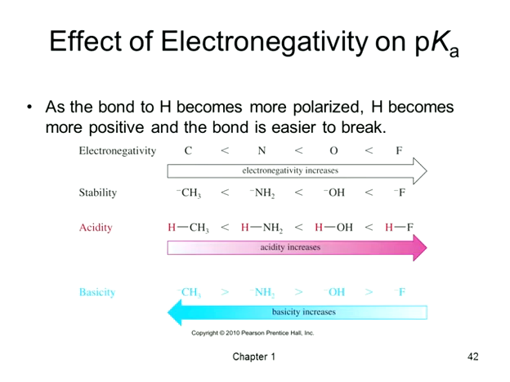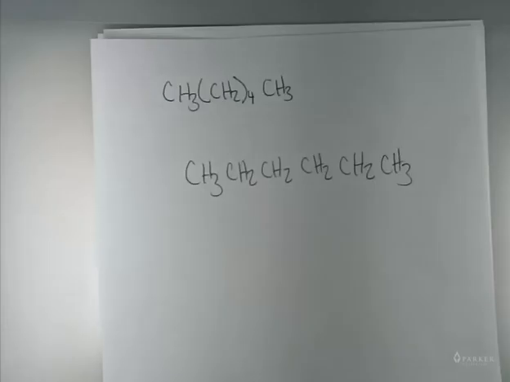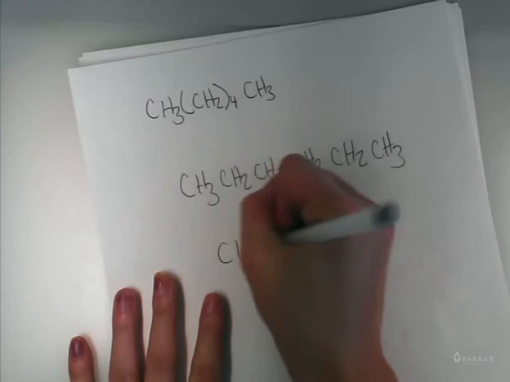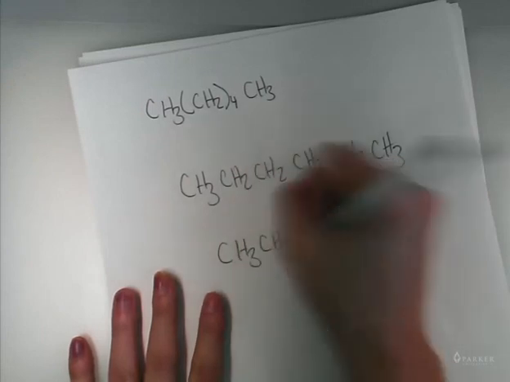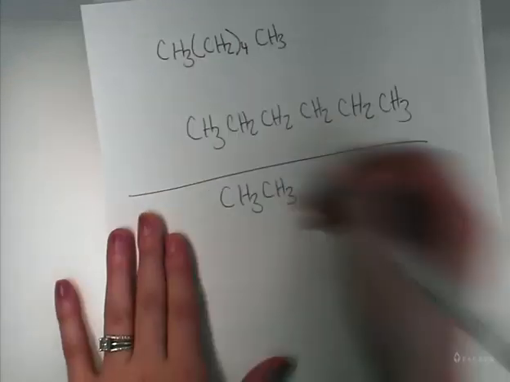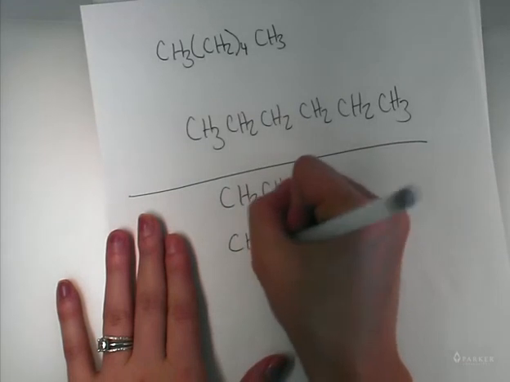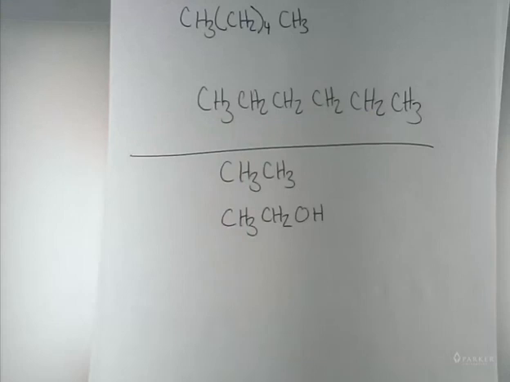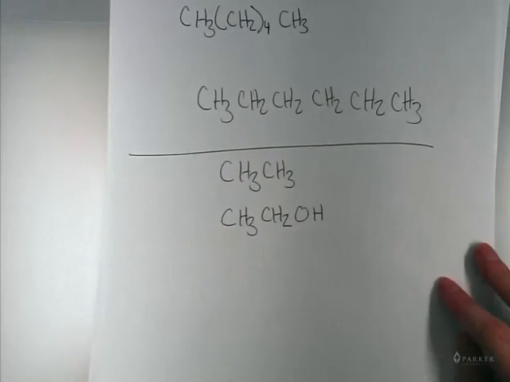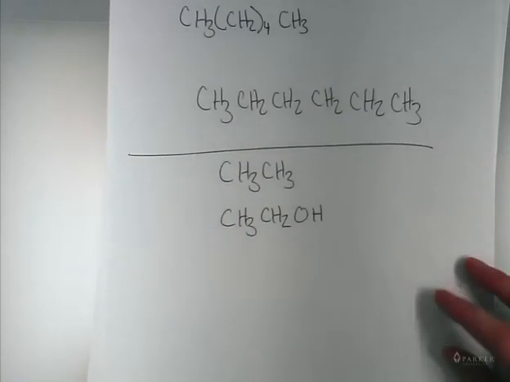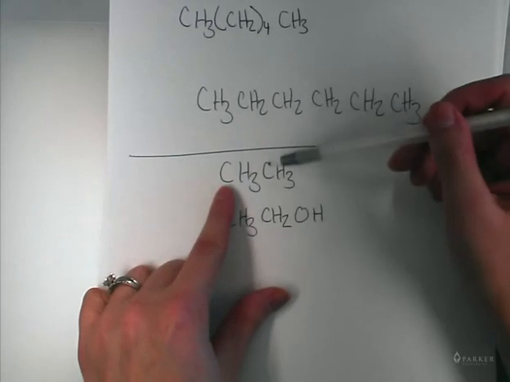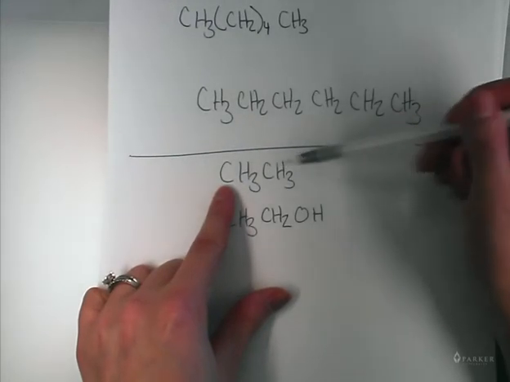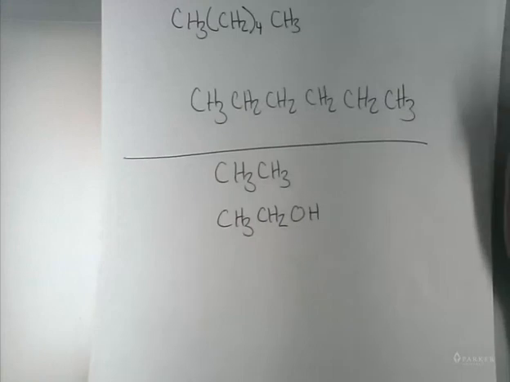So let's see why. Let's say I have these two. Let's say I just have CH3, CH3 versus CH3, CH2OH. Okay, do you see on here the only hydrogens are connected to carbons?